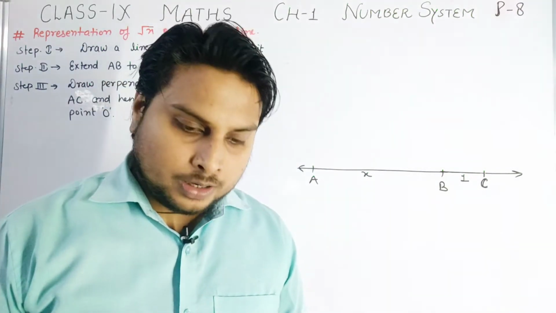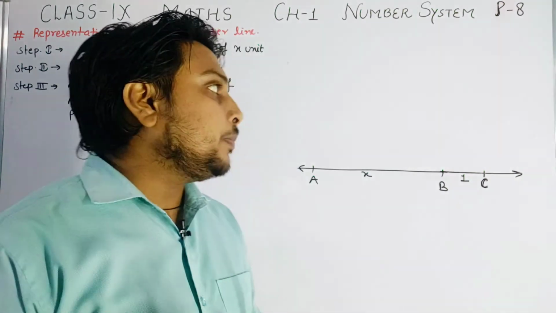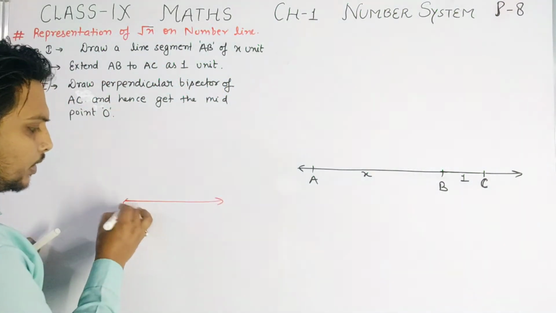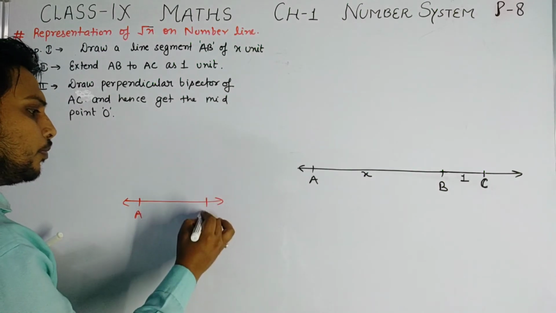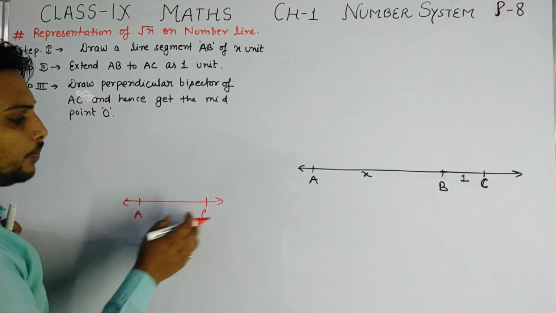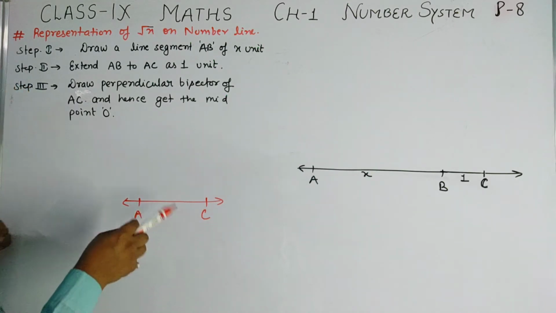Why do we draw the perpendicular bisector? What is the meaning of drawing a perpendicular bisector? See, if there is a line segment AC and we draw the perpendicular bisector, how do we draw it?